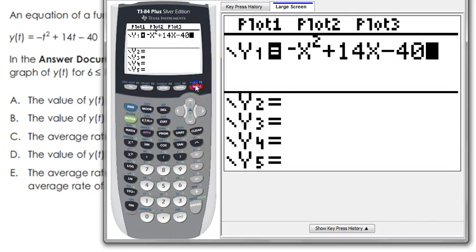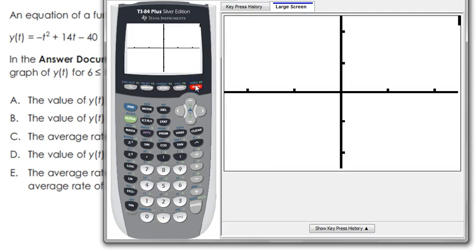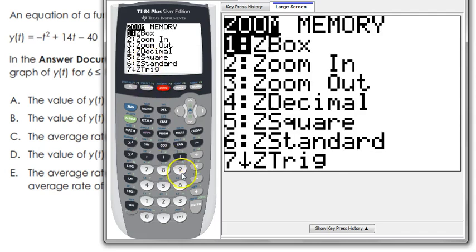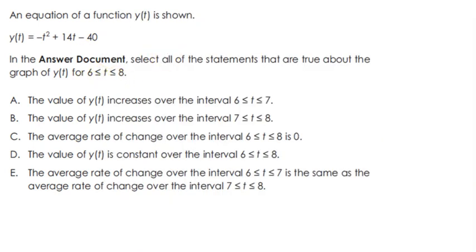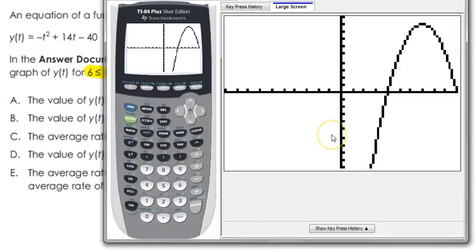Now, if you notice, because I messed with the zoom, we're not going to see anything. So if we go back to zoom, 6 is how you reset it, standard. See if we see anything, and we do. So it's off to the side, but we're good. But then we need to go back to our question, because really it's just asking us to worry about, and again, x is t. So where is x between 6 and 8?